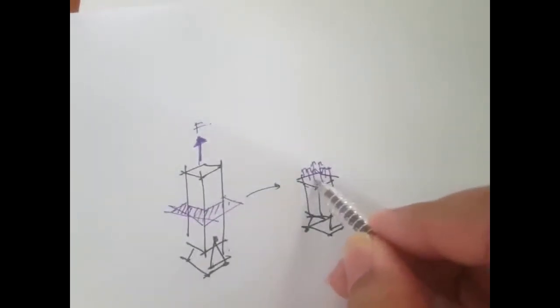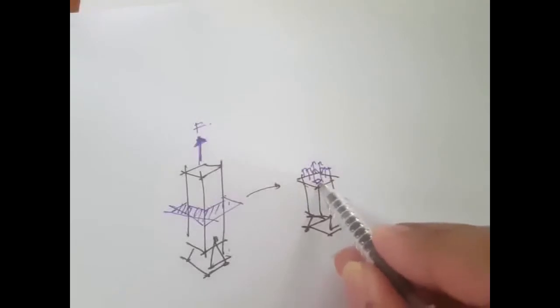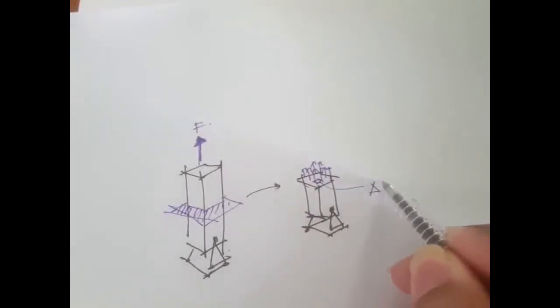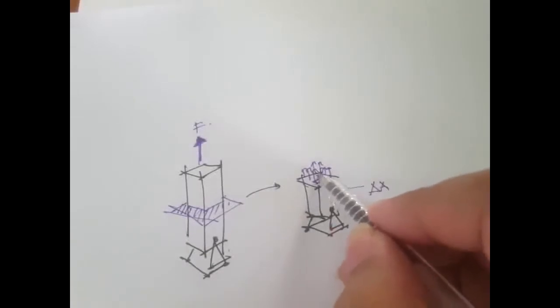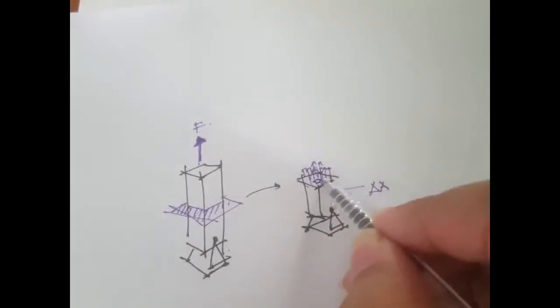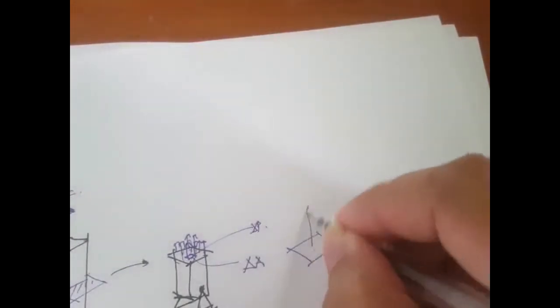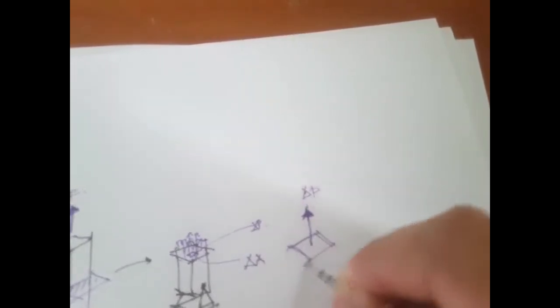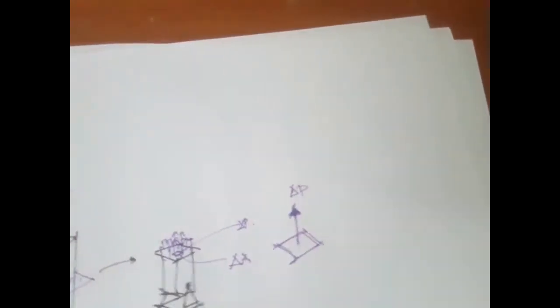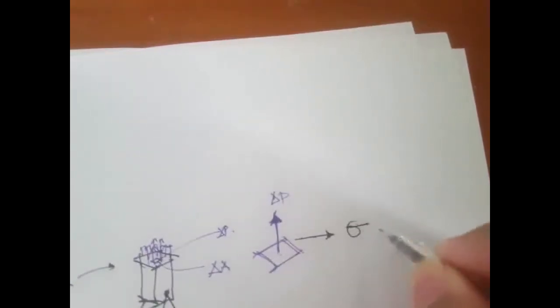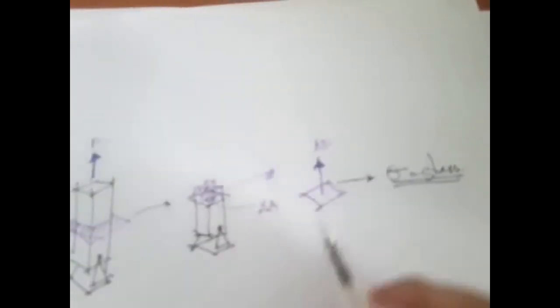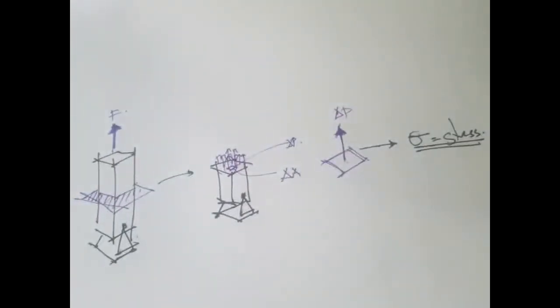Okay, so if we take one area right here, this differential area, let's say delta A, and then we'll take this load, delta P. So we have this delta A and we have this delta P. This is what we call the stress at this point, something like a stress at a point.